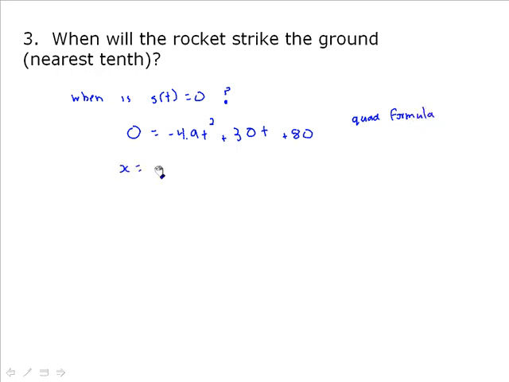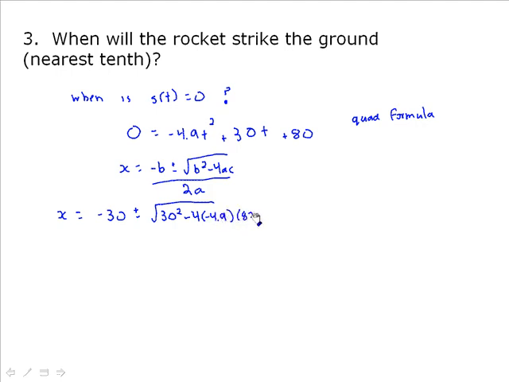So x is equal to negative b plus or minus the root of b squared minus 4ac all over top of 2a. So x is equal to negative 30 plus or minus the root of 30 squared minus 4 times a, which is negative 4.9, times c, which is 80, all over top of 2 times negative 4.9.